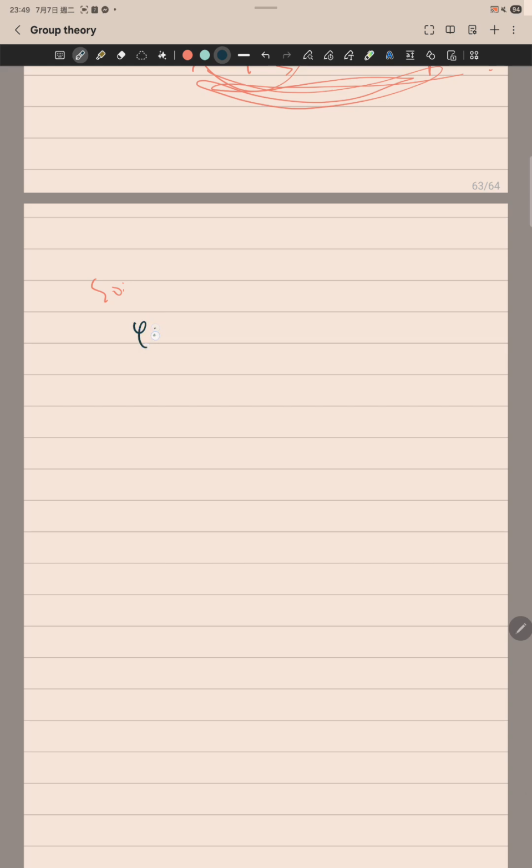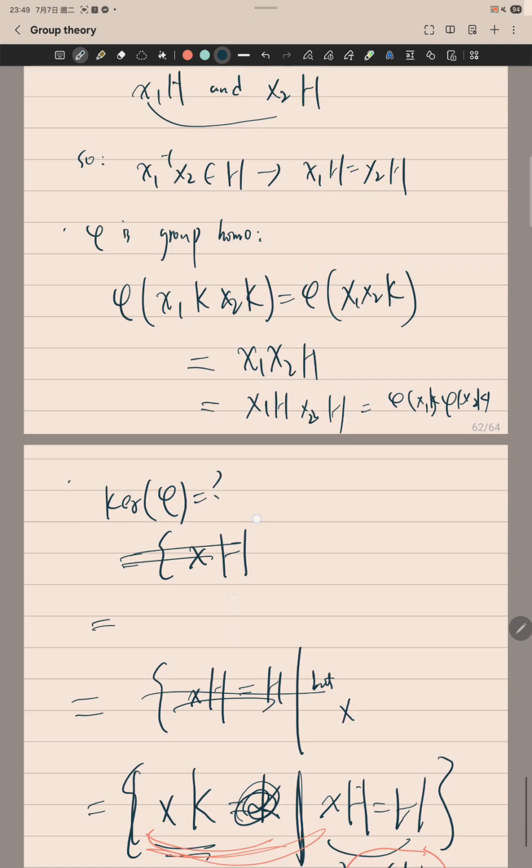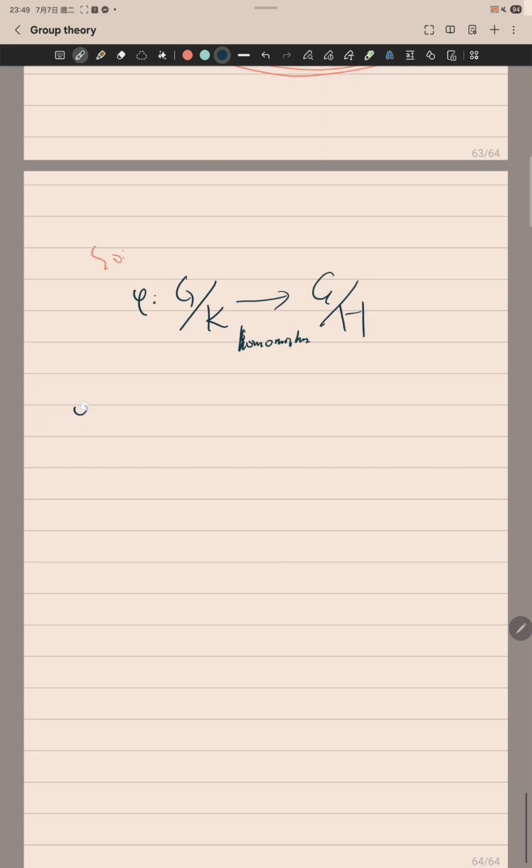So now we have a map from G quotient K to G quotient H, and it is a group homomorphism. Moreover, it's surjective. The final thing is to find surjectivity. This is trivial because every element on the right is xH for x in G, so whatever x you have on the right hand side, I just plug into the left.